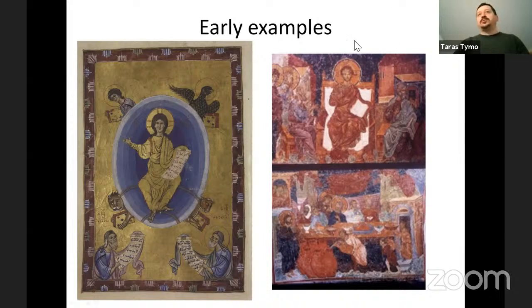As such, he is also represented in the scenes of finding Jesus in the temple. So an episode from the Gospel of Luke, where Jesus was lost when he was 12 years old, and then recovered in the temple, sitting among the Pharisees and scribes and discussing with them something about the Word of God.